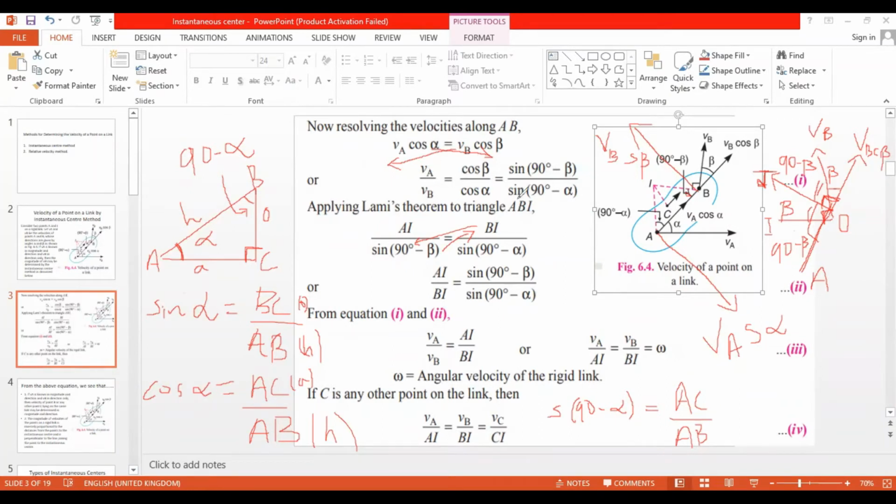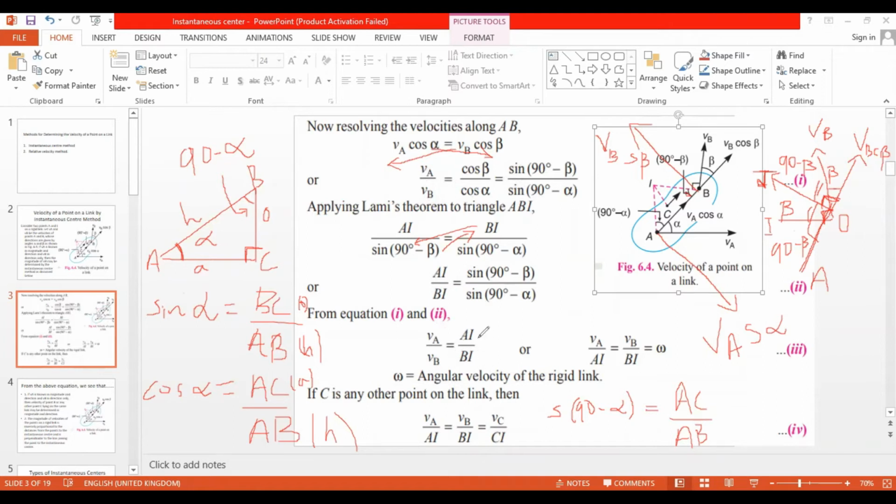This we have already here. And now we derived another equation, A upon BI, which is equal to sine 90 minus beta upon sine 90 minus alpha, right? So from this equation 1 and this equation 2, sine 90 minus beta upon sine 90 minus alpha is equal to VA upon VB, and it is equal to AI upon BI.